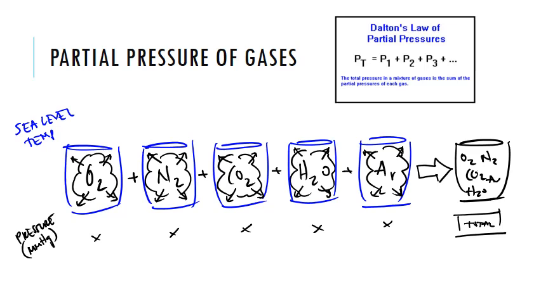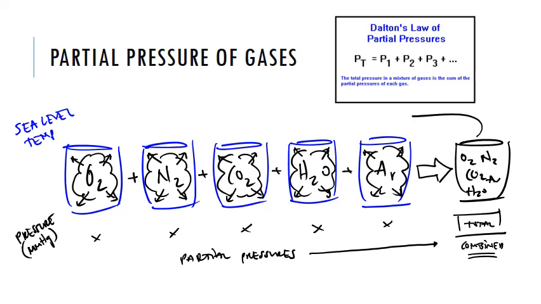So each one of these partial pressures of the gases added up equals the sum total of all of the gases' pressure combined here. This is what we call Dalton's law, as seen in this equation here.